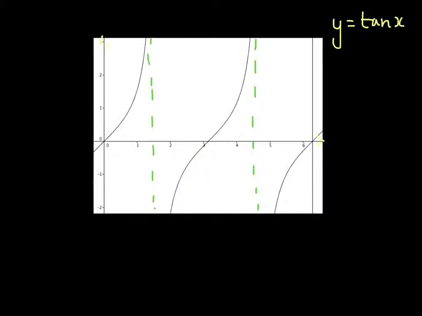For y equals tangent x, I want to see where tangent x equals 1 over 4, so I need to draw y equals 1 over 4, which is here. Where are the solutions of the equation tangent x equals 1 over 4?